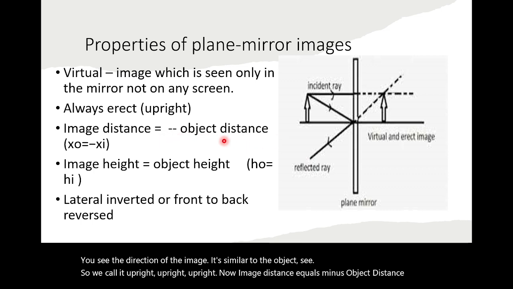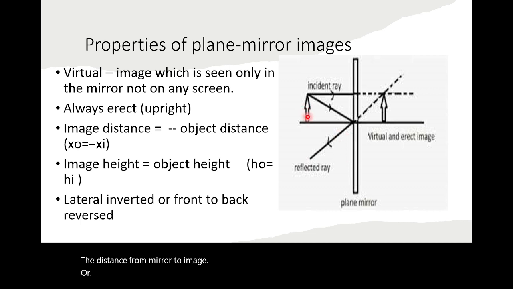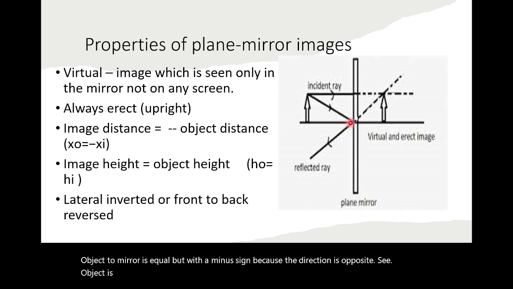Now image distance equals minus object distance. The distance from mirror to image and object to mirror is equal but with a minus sign because the direction is opposite. See, object is left side but the image is right side. That's why the minus sign here.